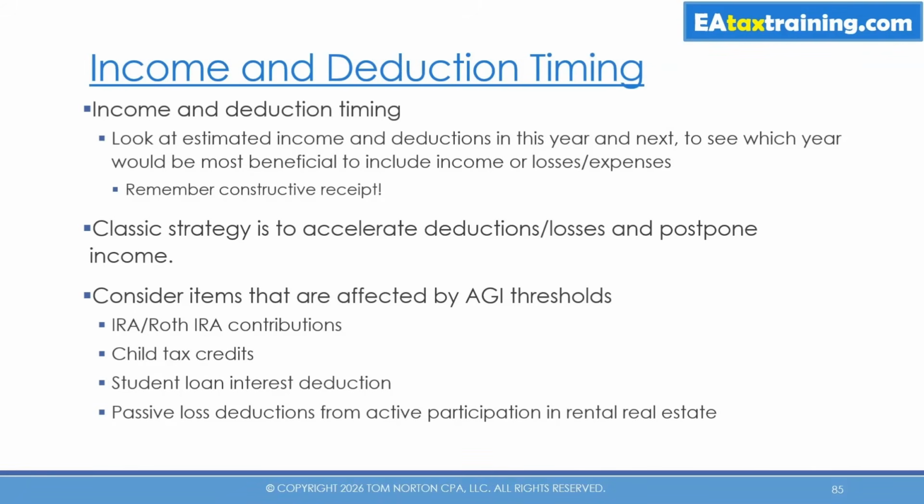You can't just hold on to some money in one year and wait to deposit it into the next year in order to put off paying taxes. But there are other ways that you can have some flexibility that we will talk about. So the classic strategy is to accelerate deductions into the earlier year and to postpone income into the later year. As a general rule, it is better to pay taxes later rather than sooner. Now, of course, there can be circumstances where this does not apply.